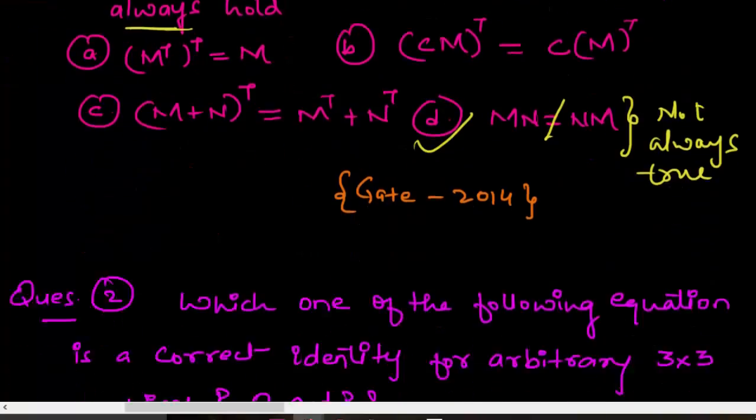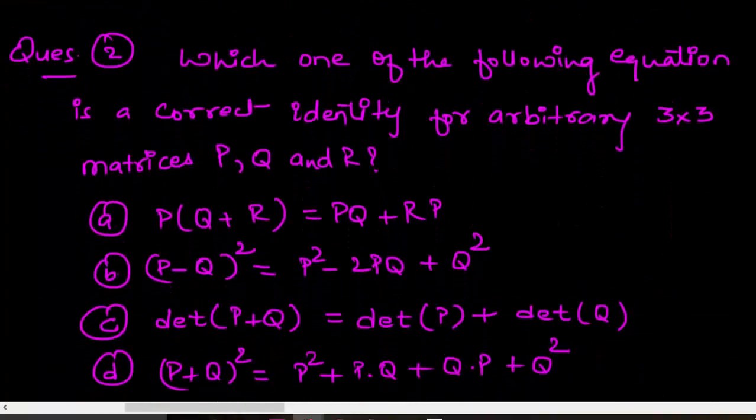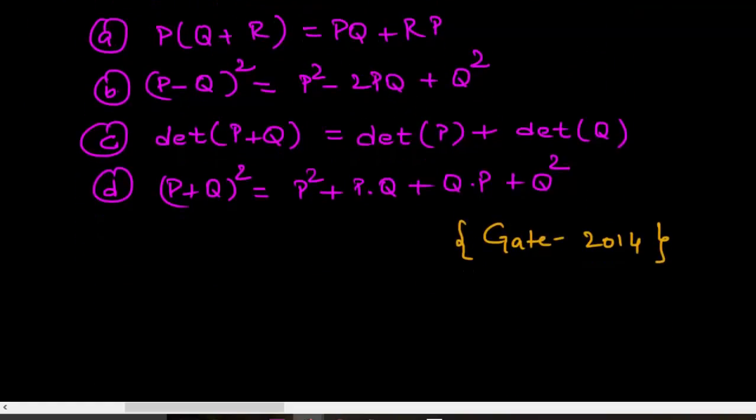Okay, let's see one more. Which of the following is a correct identity for arbitrary 3x3 matrices P, Q and R? So we have been given some properties and we have to find out which one of them is true. This is a really important problem and it appeared in GATE 2014. So let's find out.